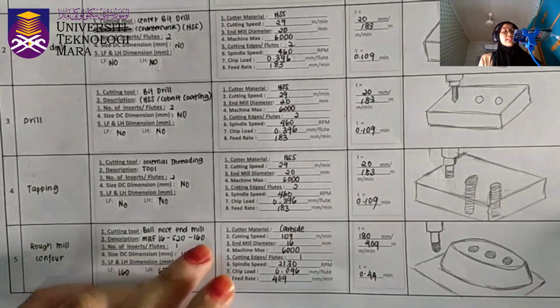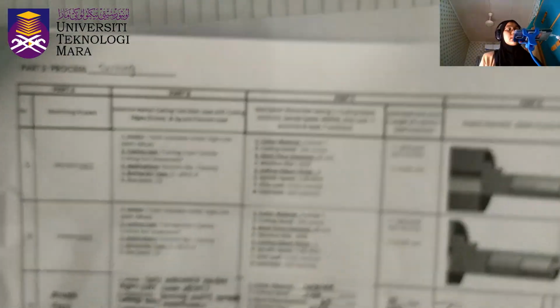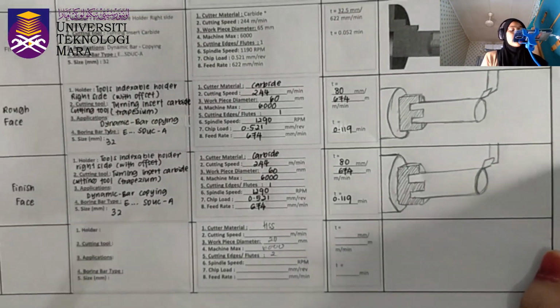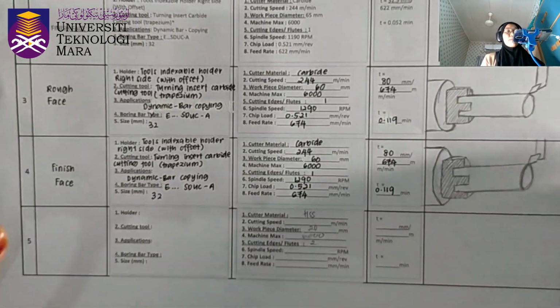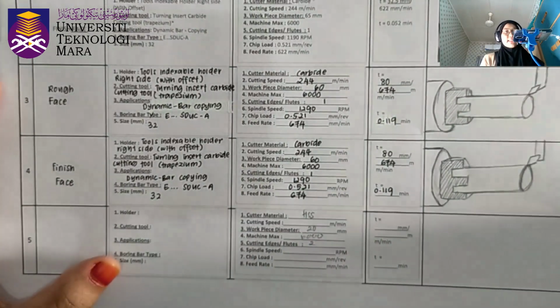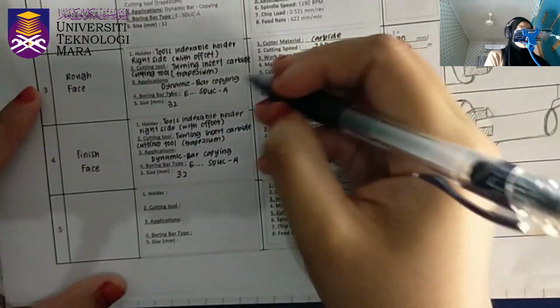For the next part, which is part number 2, the turning process. The machining process that I choose is also process number 5, which is center drill.